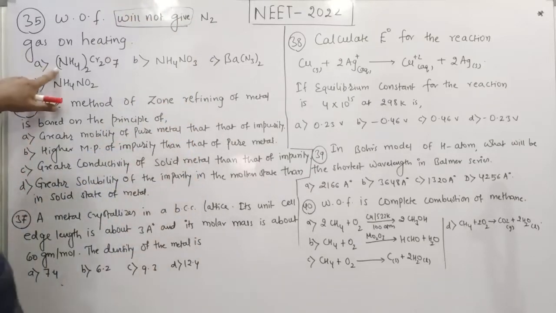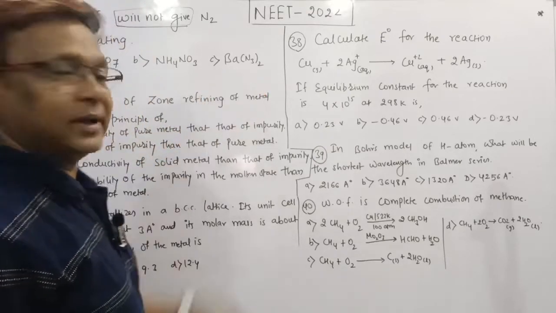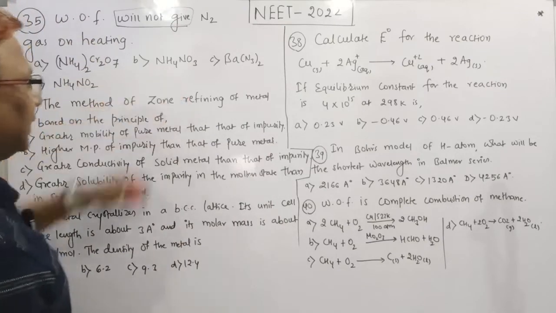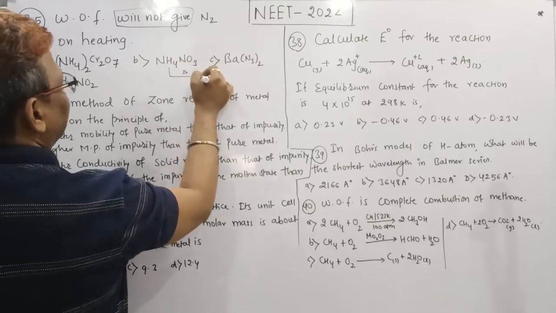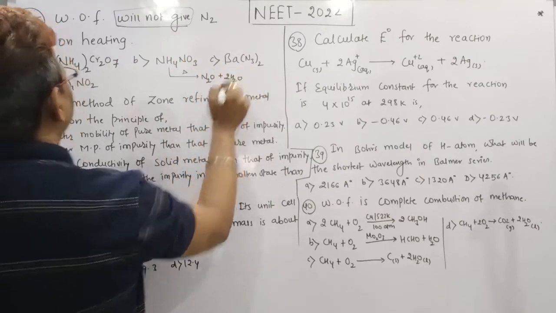Ammonium dichromate on heating gives N2 gas, barium azide on heating gives pure N2 gas. But ammonium nitrate on heating gives N2O gas plus 2 moles of water.